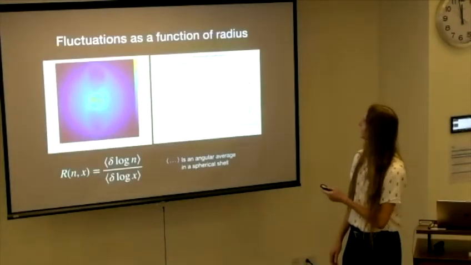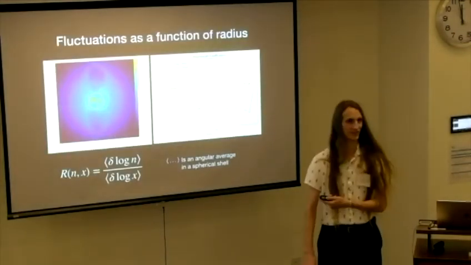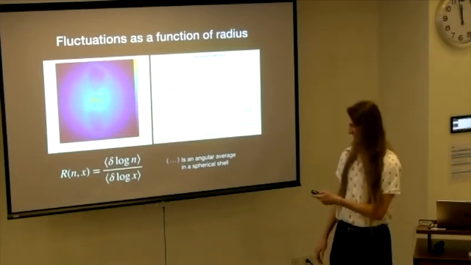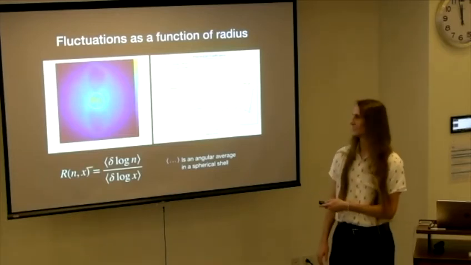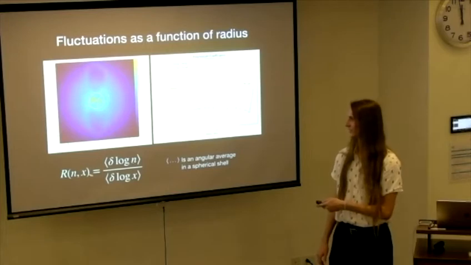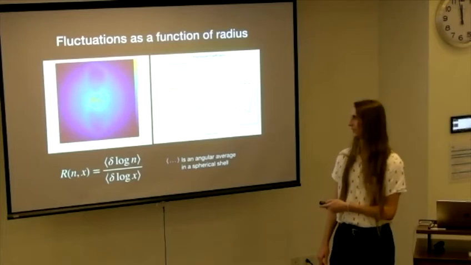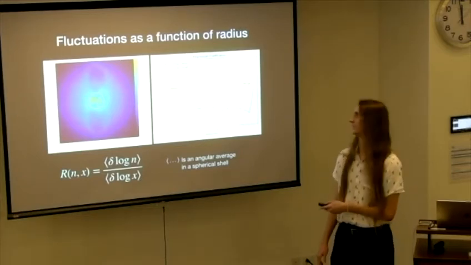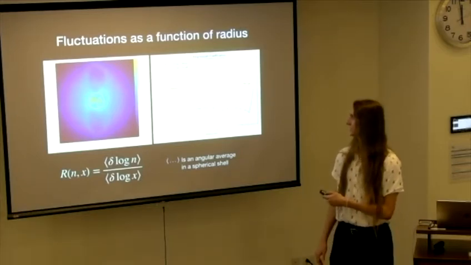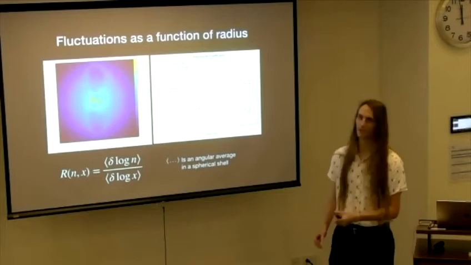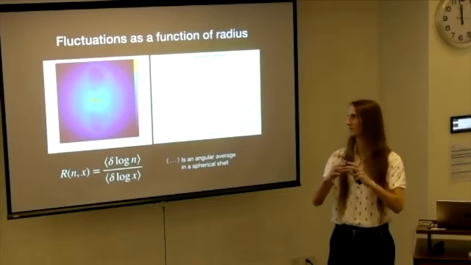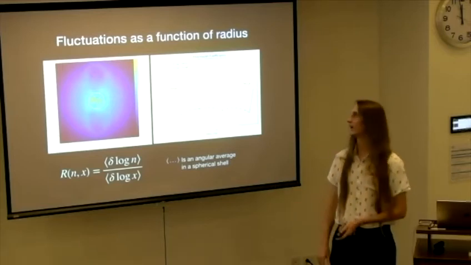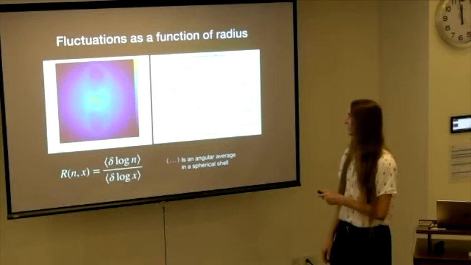Let me go through a lot of extra slides from the other work I've done. Here is where we've done something exactly like that. Without getting into too much detail, this is a linear relation between density and either temperature or pressure, just from the simulations. If you look at the averages of those quantities in spherical shells as a function of radius, not wave number, you can do the same sort of thing.